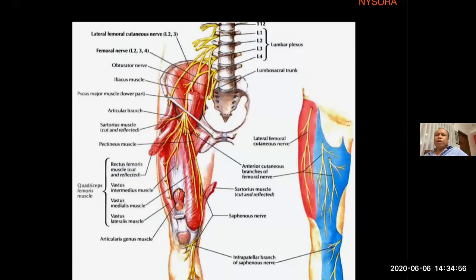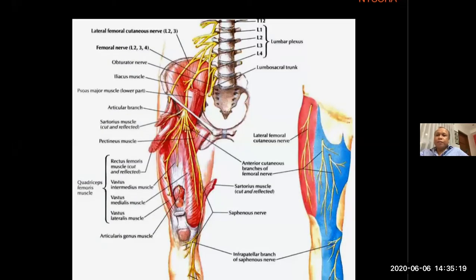And then, of course, you can also inject your obturator nerve, which is, in fact, in between your three muscles on the adductor, your adductor longus, brevis, and magnus. So those two nerves, the anterior and obturator nerve, could also be individually hydrodissected if you would like to individually inject them depending on the complaint of the patient.